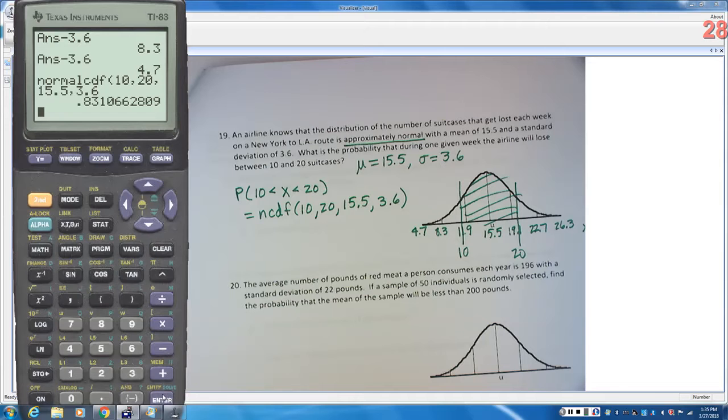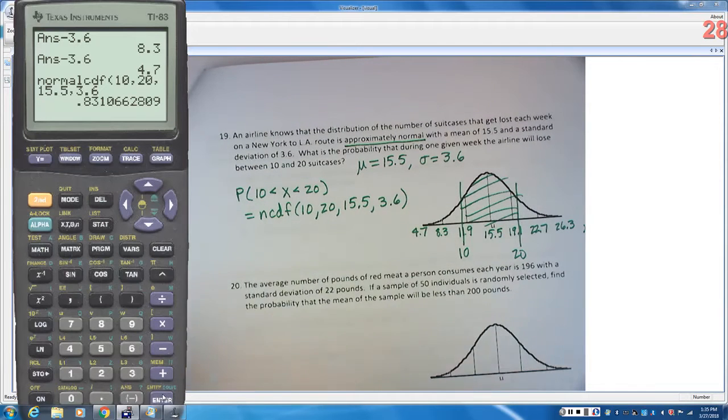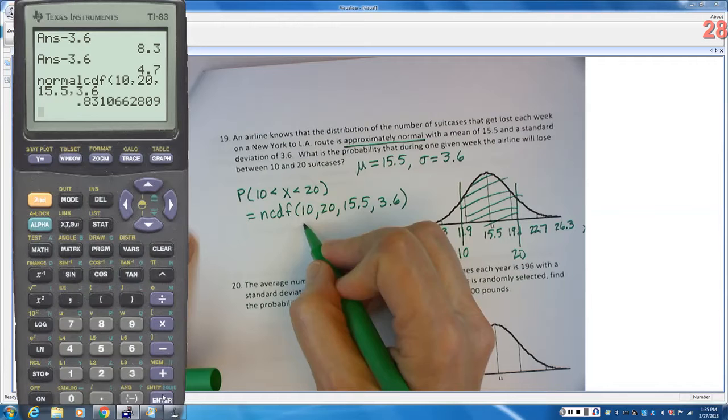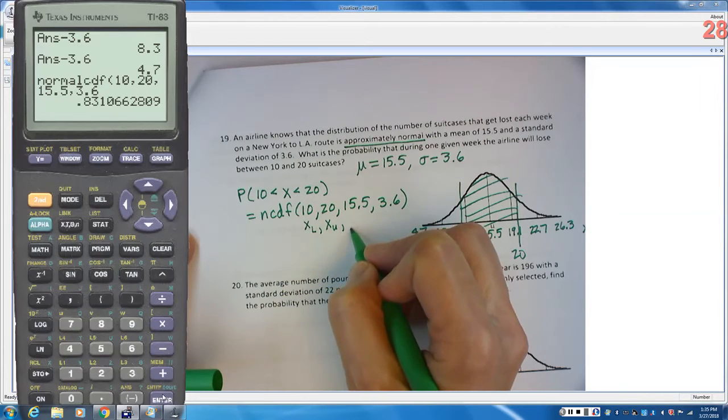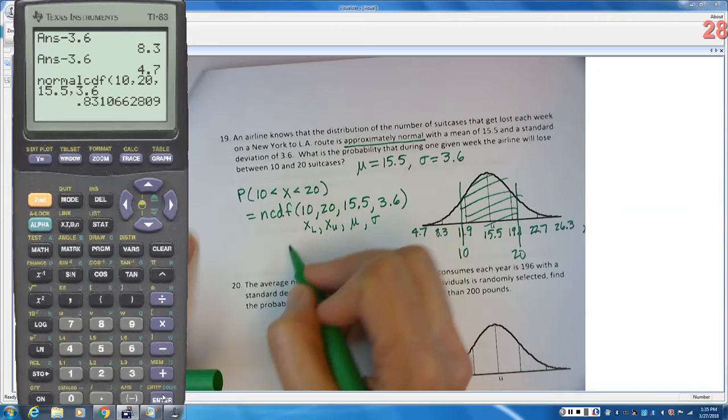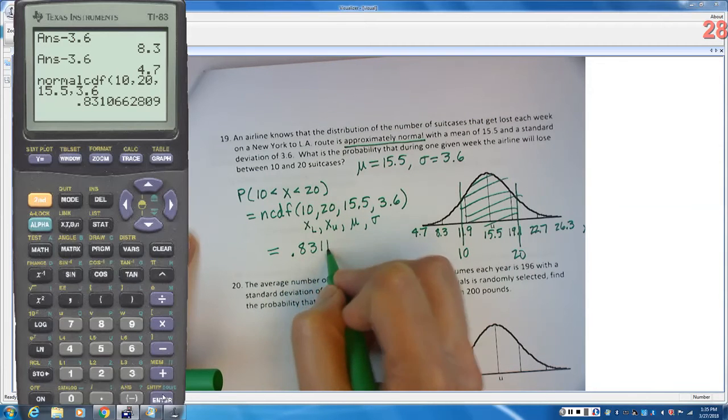In my stat lab, it actually tries to get you to convert to Z all the time. You don't need to do that in my stat lab either. It'll count the answer right if you use the shortcut. The shortcut is the lower limit of X, the upper limit of X, the mean of X, the standard deviation of X. We go to 4 places, 0.8311.